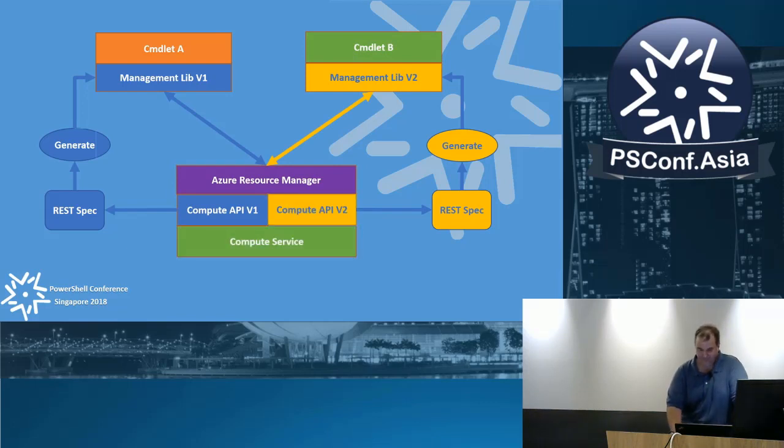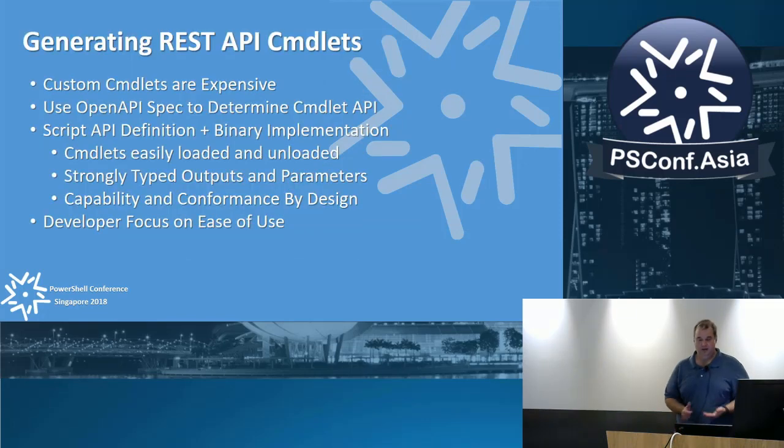So there are some problems with this. Obviously, writing custom commandlets is expensive, especially for custom commandlets that are very close to the API. So one of the things that we're starting to do right now is using the OpenAPI spec, the Swagger spec that we use to make those management clients, to actually determine the commandlet API.